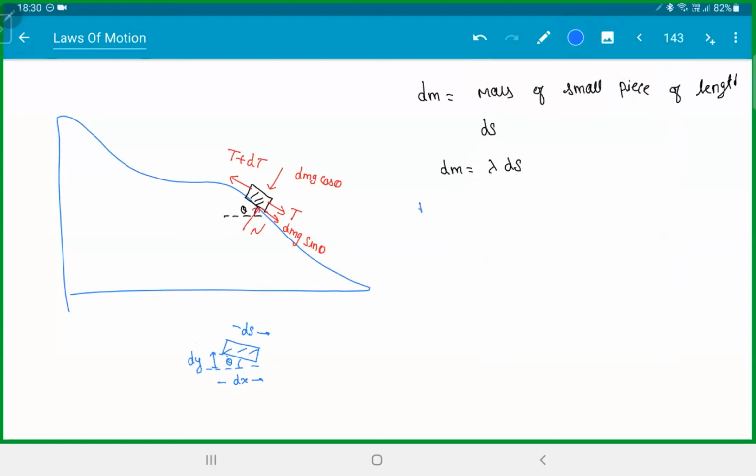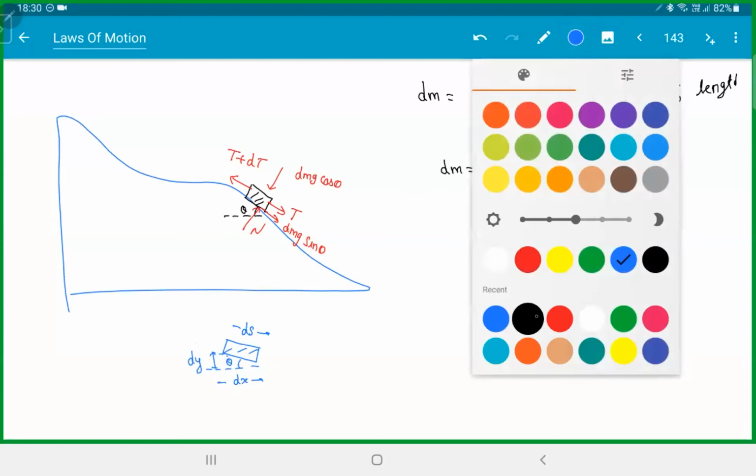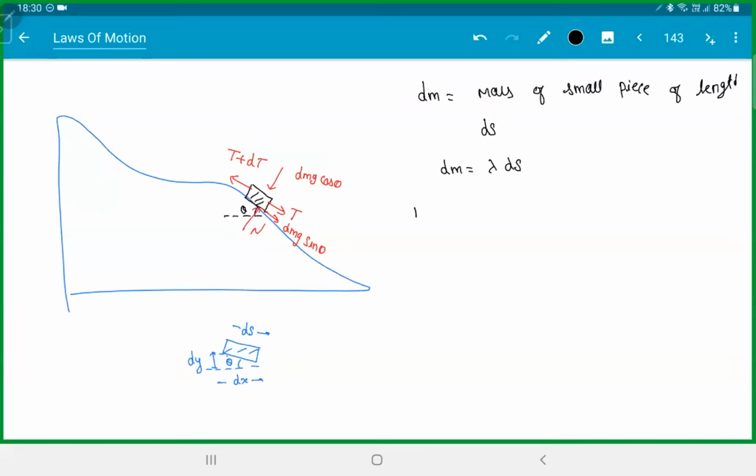Here dT is the change in tension due to that small piece. As you go up, the tension will keep on changing. dT is the change in tension due to ds. If you keep adding little weight, the tension will also increase a little. And theta is the angle of inclination at every point. It changes.